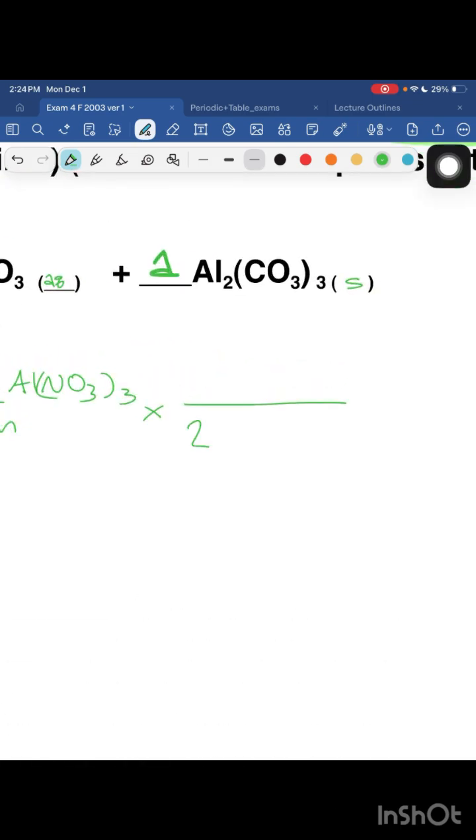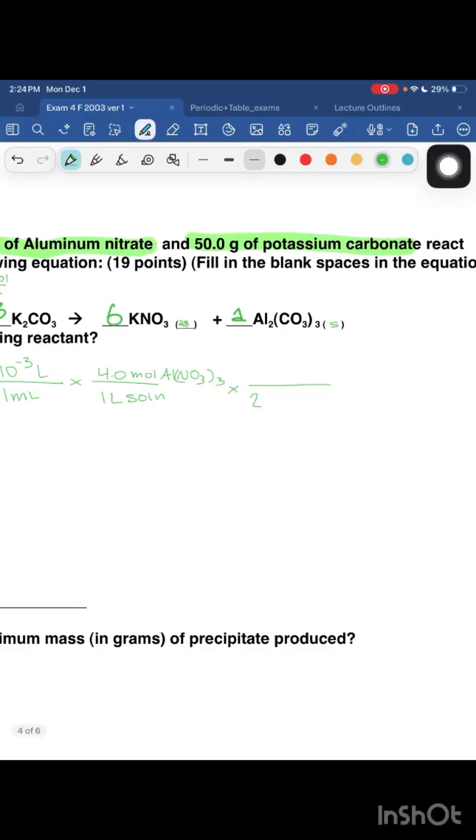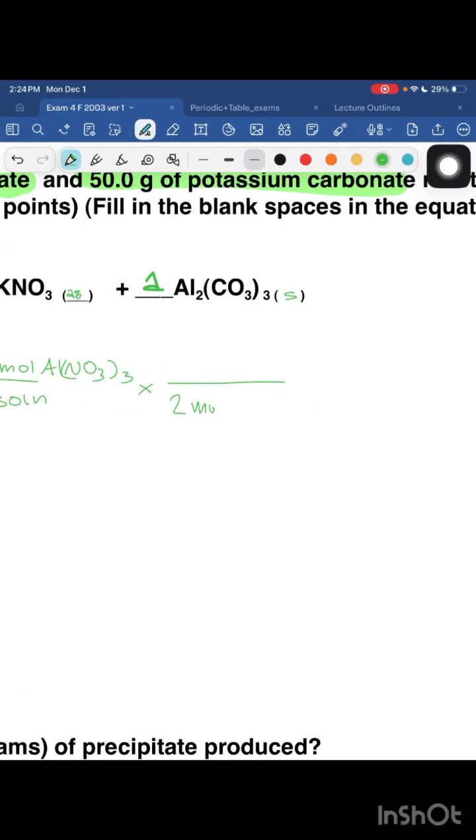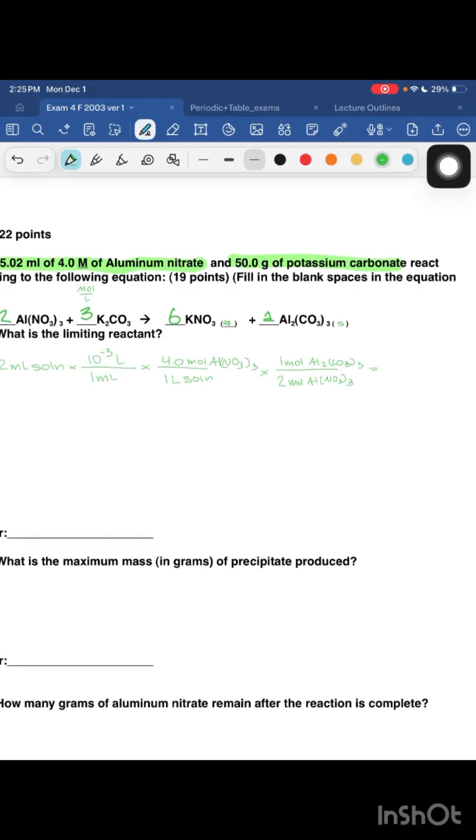So for every 2 moles of aluminum nitrate, we have 1 mole of aluminum carbonate. And that is going to get us an amount.